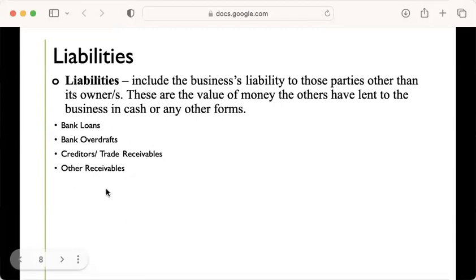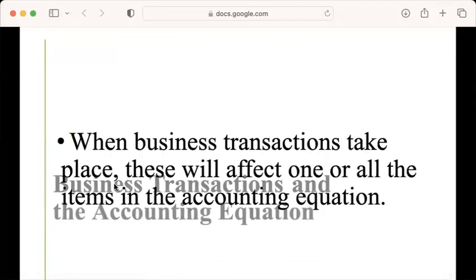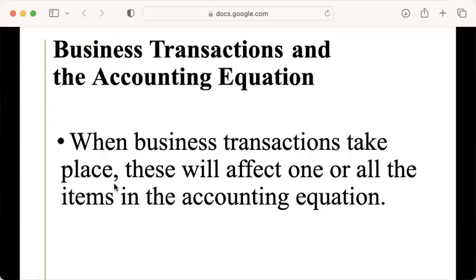I'm sorry about the mistake there. And other receivables, once again, it has to be other payables, because these are liabilities that we are talking about. Other payables are not because we bought goods, but maybe sometimes we might have missed the payment of an electricity bill, gas bill, or something like that before the year ended. So we owe that to the electricity company. All right.